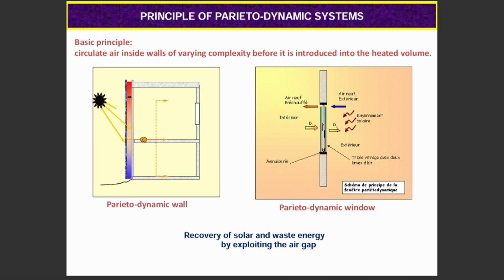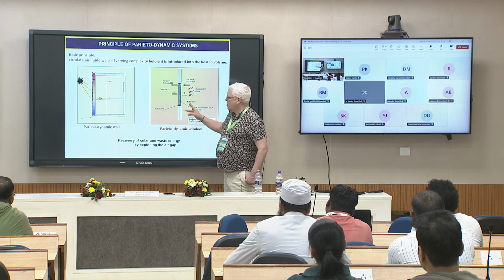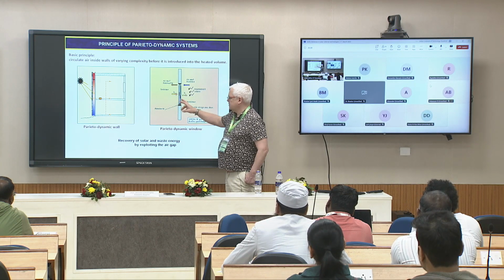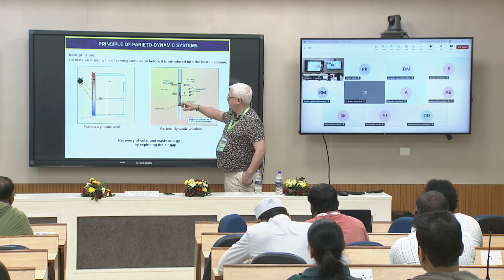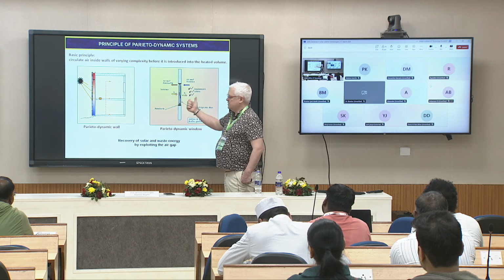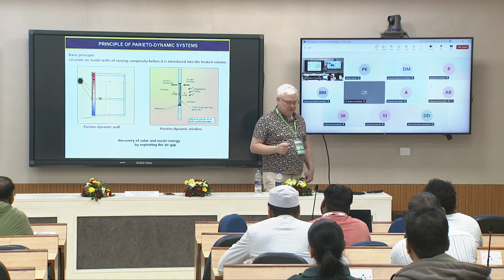This kind of window is interesting to recover a part of the heat during winter time, because when it's cold outside, the most lossy component is the window. And thanks to this air path, the heat which is going from inside to outside is partially recovered.